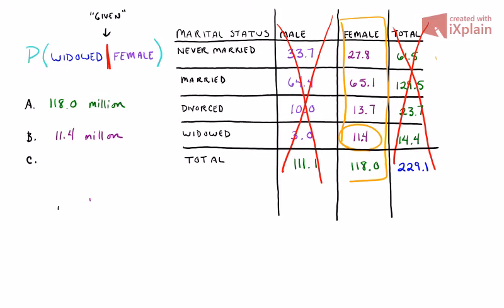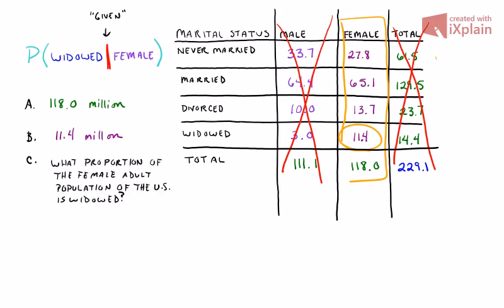Let me actually call that question forward so that I can highlight and map it out with you. Okay, so again, it reads, what proportion of the female adult population of the U.S. is widowed? So again, this is where things are going to start to line up with the probability notation that I have written above.